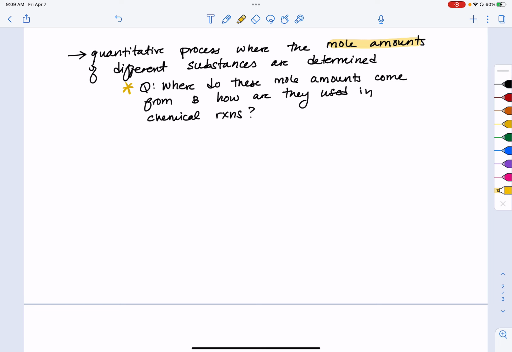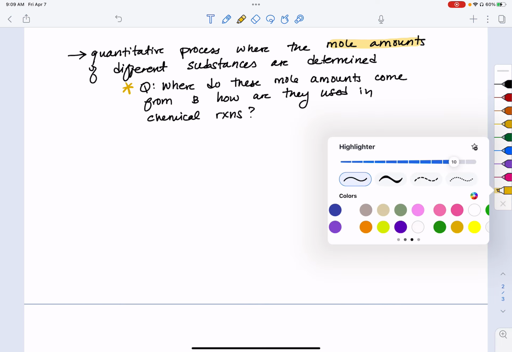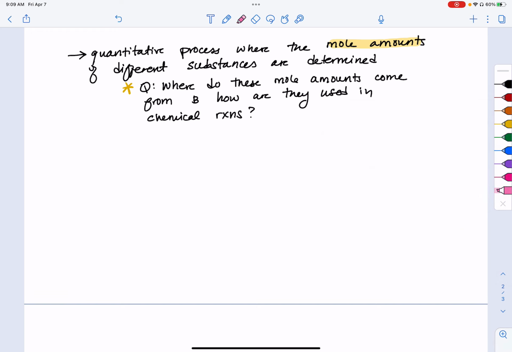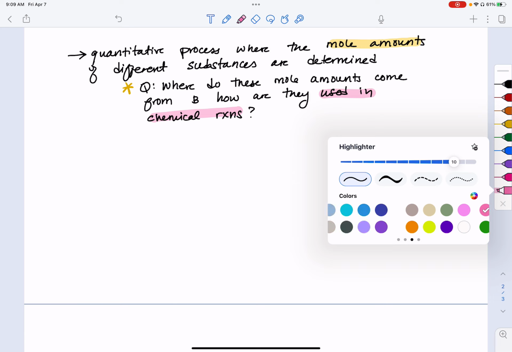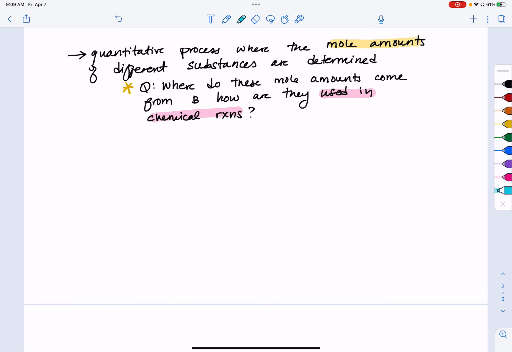So there are two pieces to this question. The first being, how are mole amounts found or used or given in chemical reactions? And the second part of this question is, where do our actual mole quantities come from? Like, how are they calculated?